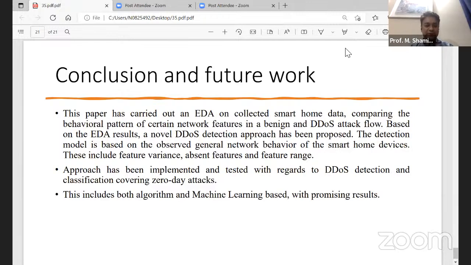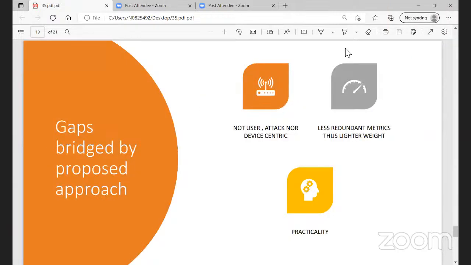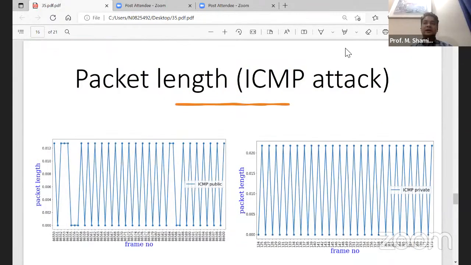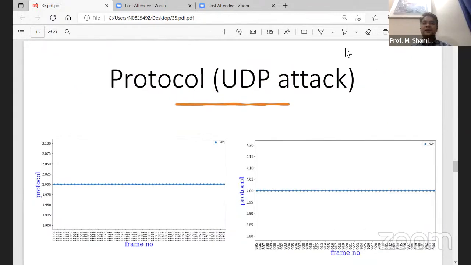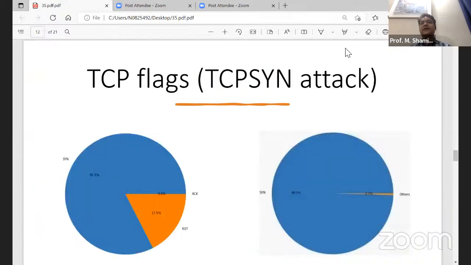Okay, I have a question. TCP flag sequence number. If the network condition is worse, let's say too much traffic, in that case, the TCP flag and sequence number, do you think this feature can help us to detect the attack?